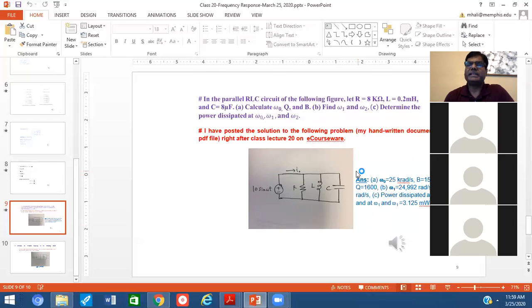So everybody read the statement. The statement says, in the parallel RLC circuit of the following figure, let R equal 8 kilo ohm, L equal 0.2 millihenry, and C equal 8 microfarad. Those values are given, and this is a parallel circuit.